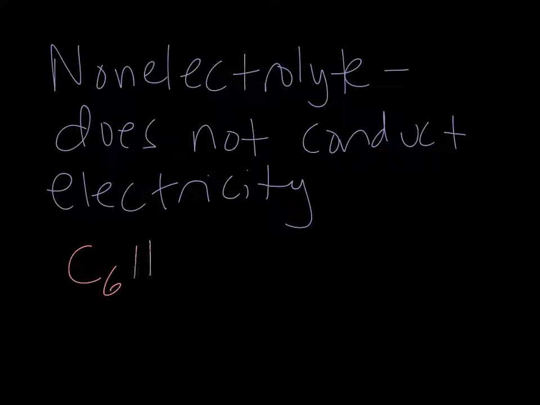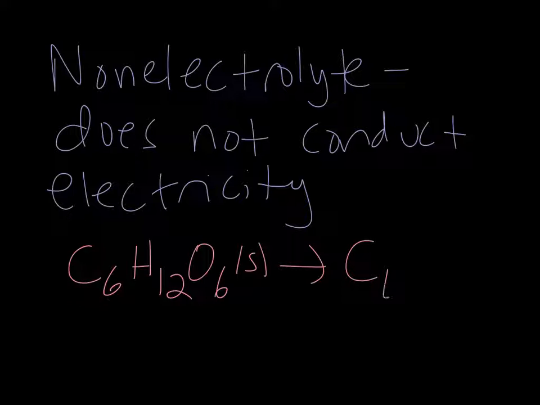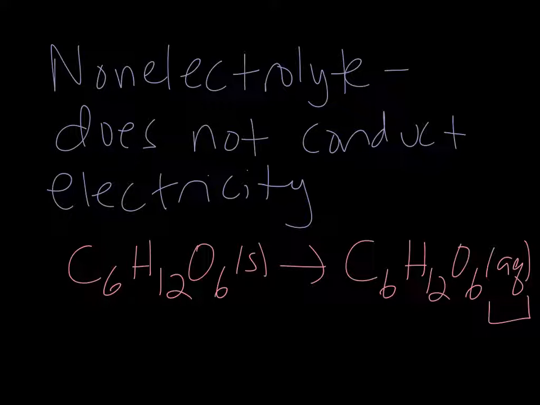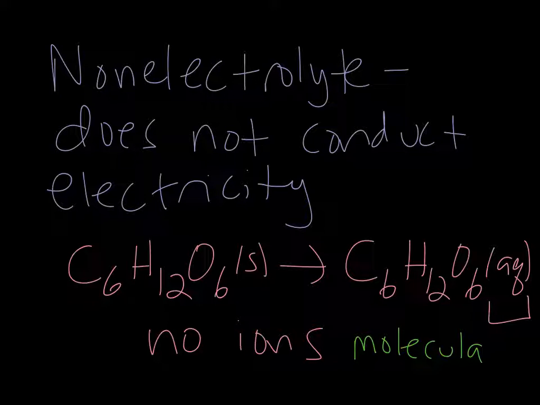So for example, glucose, which is C6H12O6, solid goes to glucose C6H12O6 aqueous. So there's no ions, and so it's not an electrolyte solution. So generally speaking, non-electrolyte solutions tend to be molecular compounds, those compounds that have covalent bonds or polar covalent bonds, but where the electrons are shared instead of transferred from one element to another.